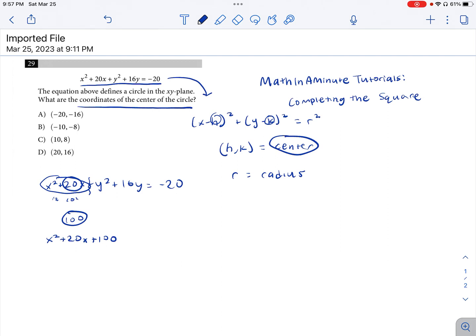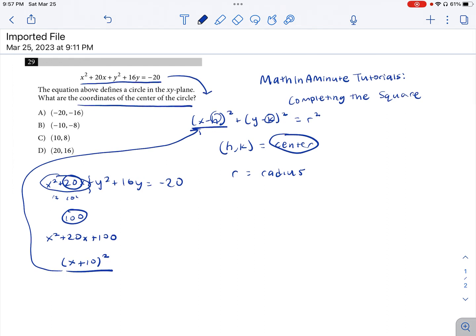Now this is important because if you factor this out, this becomes (x plus 10) squared, x plus 10 and x plus 10. And this is a perfect square trinomial. And this is useful because this looks just like this, which is what we're trying to get.